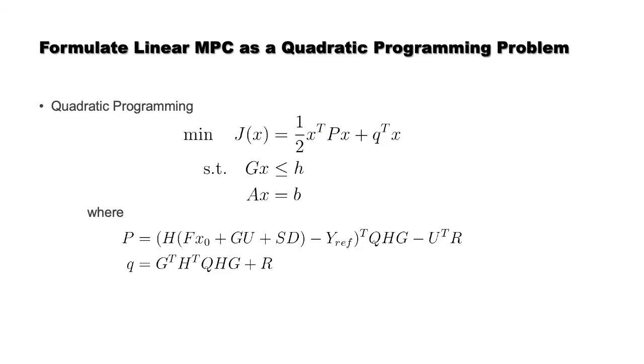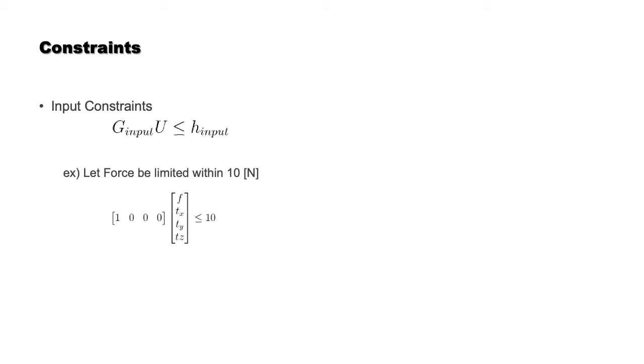This is clearly a quadratic problem, and since this is a quadratic problem, we can also add a linear constraint, like Gx is less than or equal to h, and also Ax is equal to b, as in linear programming, where P and q are shown at the bottom.